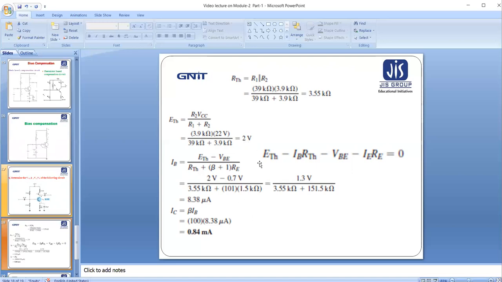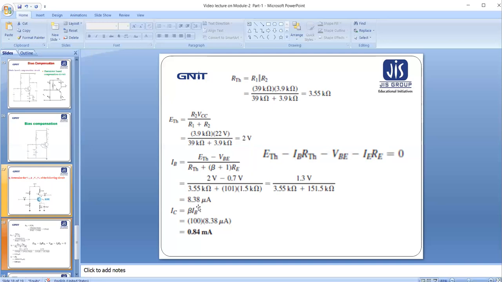After ETH calculation, we just write down the KVL equation, and this is the expression of the IB. Just remember, first you write down the equation, place the IE equal to 1 plus beta into IB, then formulate this IB expression. Now putting in the values of individual parameters, we get the IB value of 8.38 microampere.